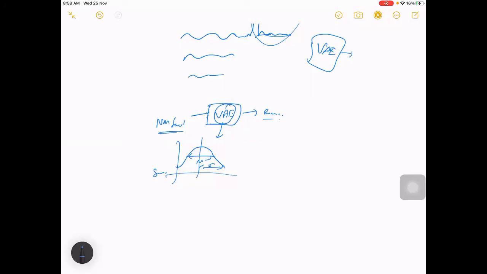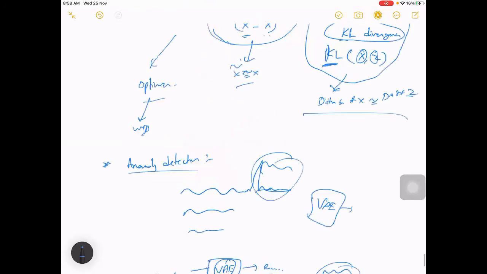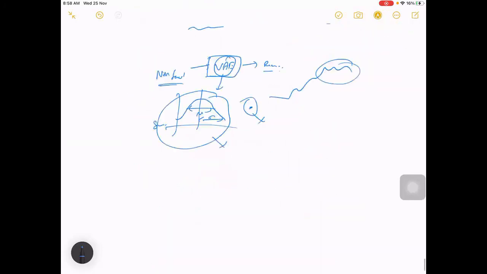So in case there is any fault data coming in, this fault data doesn't come within this distribution. It doesn't come within this mean and standard deviation. So it may be somewhere an abnormal point here. What it identifies is that it will not be able to reconstruct something of this kind, because it is not trained that way, and the mean and variance, the distribution, is not like this.